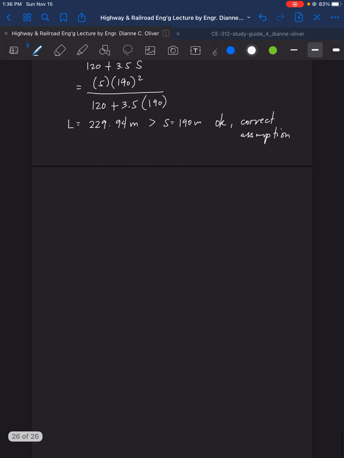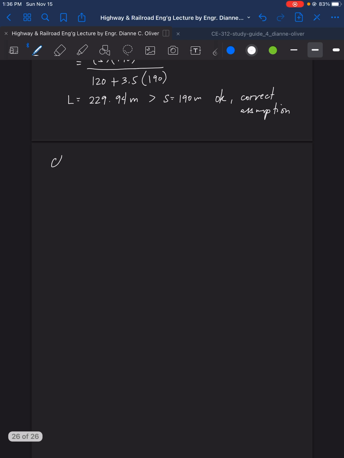Now let's check for the comfort criterion, which is L is equal to AV squared divided by 395.